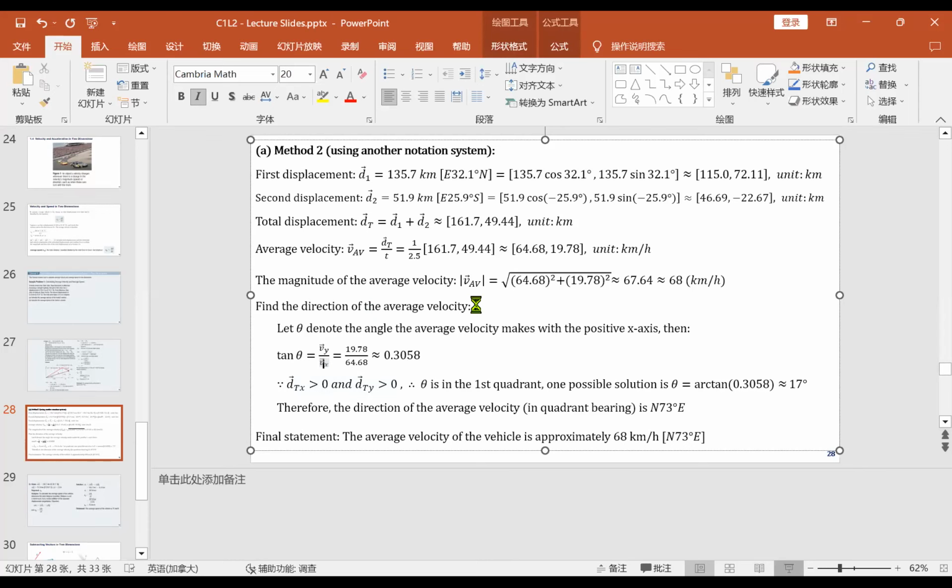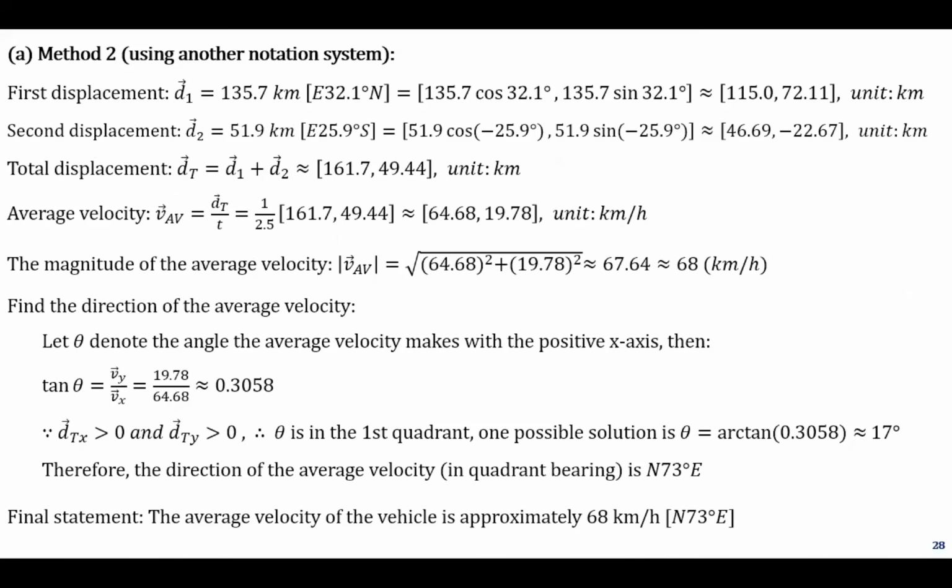Okay, so tangent theta is given by the ratio between the y component of the average velocity and the x component of the average velocity, which is 19.78 over 64.68, which is approximately 0.3058, right?